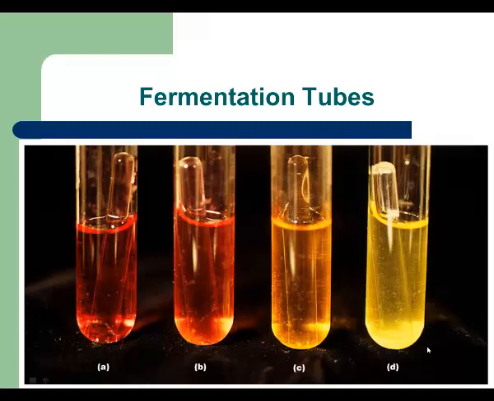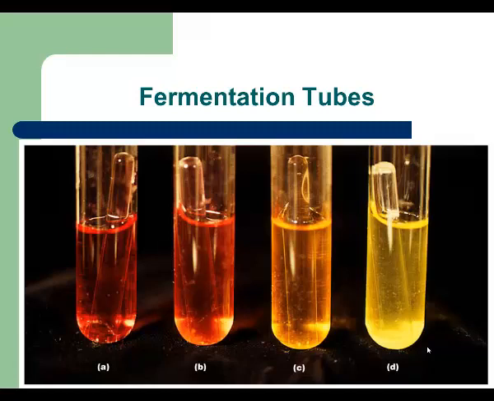On this slide, you see a picture of fermentation tubes. Different fermentation tubes contain different sugars. Remember, the substrate for fermentation is sugar, so we take different simple sugars, sucrose, lactose, maltose, glucose, to make different fermentation tubes.